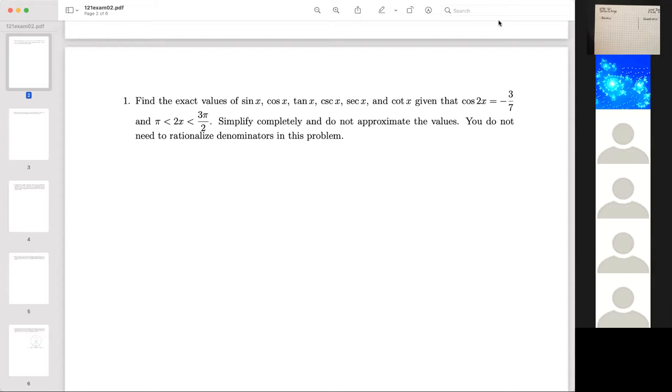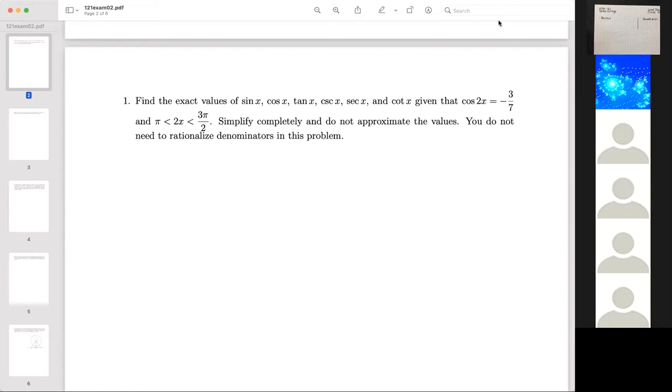So before I open my book, this is the first thing I notice. We got x, we got 2x. So I'm thinking I'm going to go looking in the sections that are like double angle formula, 2x is double x, or half angle formula, x is half of 2x. So in those sections, and I'm just consulting my index.